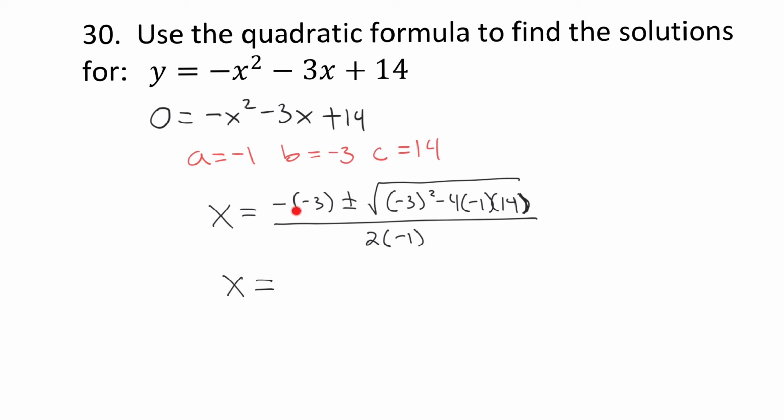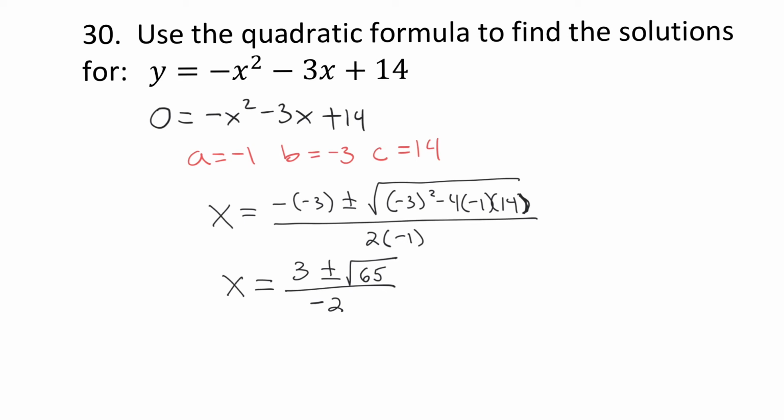So here we have a negative times a negative. That's going to be positive 3 plus or minus the square root. I'll do the bottom first before I use the calculator. 2 times negative 1 is negative 2. And let me find the discriminant, which is the one inside of the radical. That number is 65 for the discriminant.